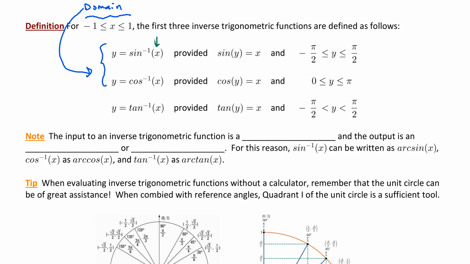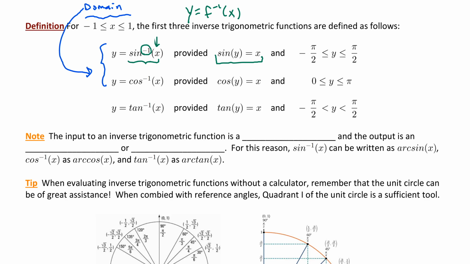The way that we denote inverse sine is with the exponent negative 1, just like we would denote an inverse function from algebra. We are simply recognizing that y equals, we read this inverse sine of x, y equals inverse sine of x provided sine of y equals x.